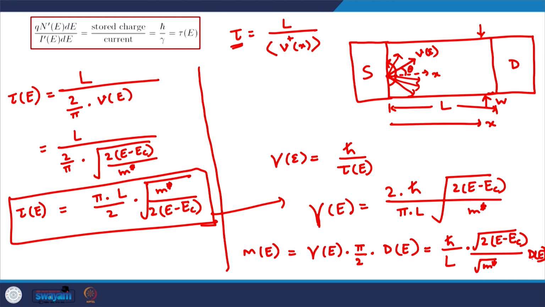Now, you might have also understood why we use this factor of pi by 2 in the expression for modes, because finally, this pi by 2 gets cancelled with the 2 by pi which is there in the expression of gamma E. So, this is how we obtain the expression for the number of modes in the channel from our analysis of the transit time in the device.